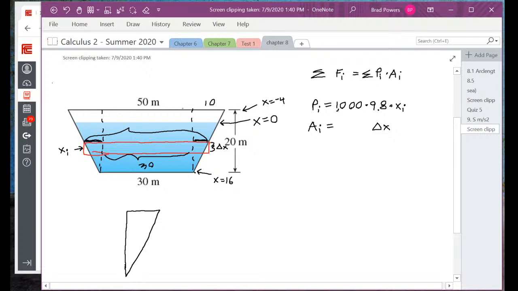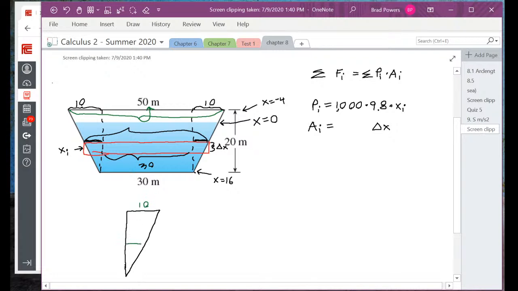We can say this is 10, and this is 10. Just these little pieces here. 10, 10. Whereas 50 is the whole thing. But 30 plus 10 plus 10 is 50. Okay, great. So I know this is 10.